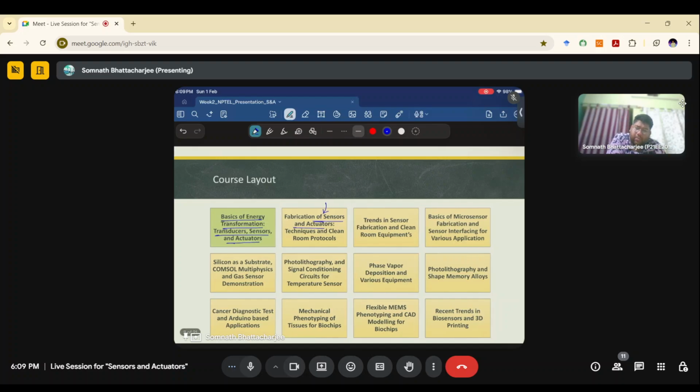The main aim of this lecture is to learn more basics about sensors and actuators, how they are fabricated, what techniques are used to fabricate them, and what kind of environment is required. There can be dust particles, and because of that your device may stop working after a few runs, let's say after 2, 3, 4 runs.